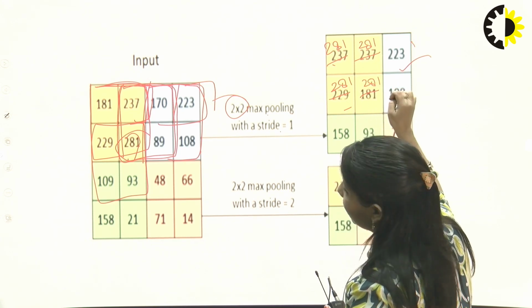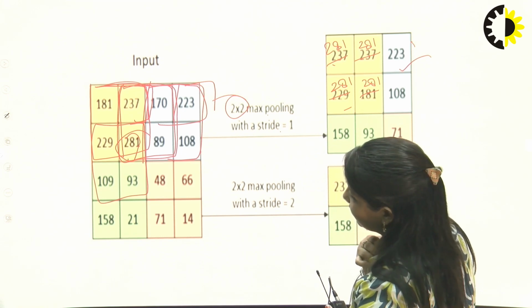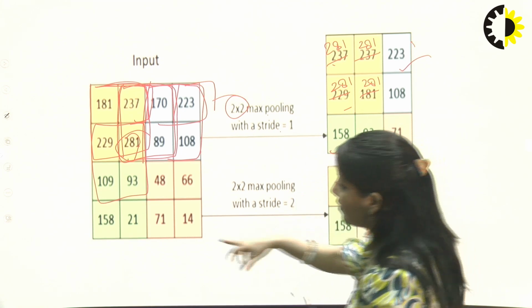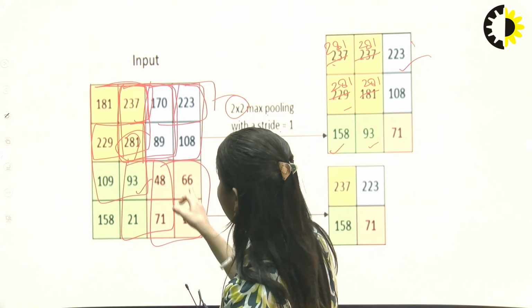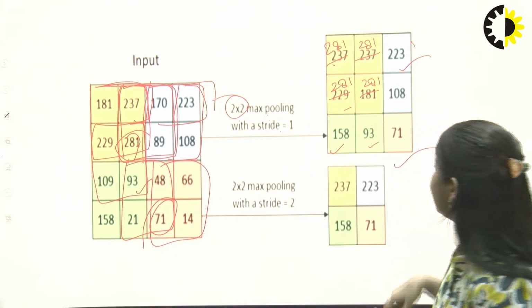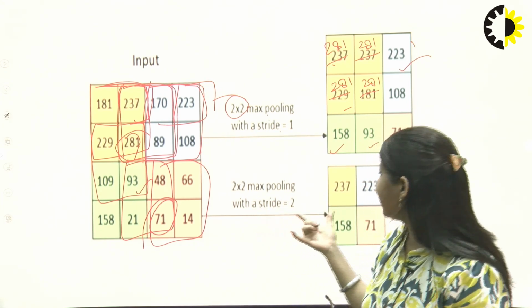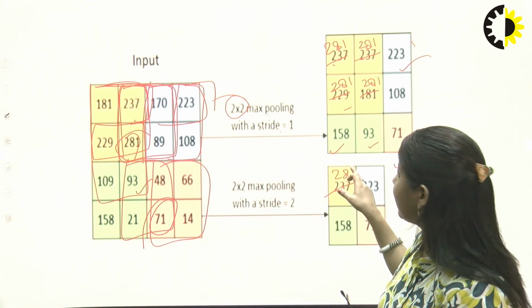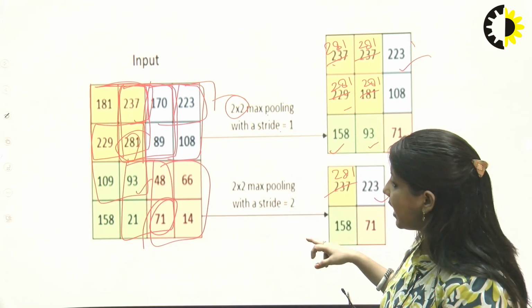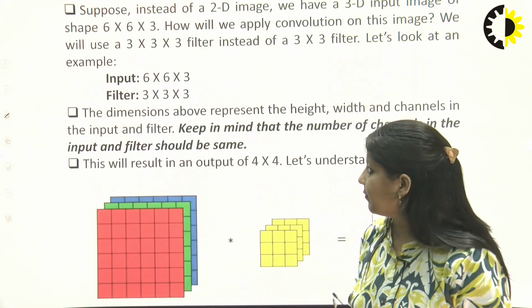In the next block we get 108, and in the next stride 158 is the max value, and in this box we have 93, and in this box 71. Fine. So this is the row of stride, and in the case of 2 by 2 we have a 2 by 2 block here, with values 281, 20, 158, then 21. So this is the stride value.